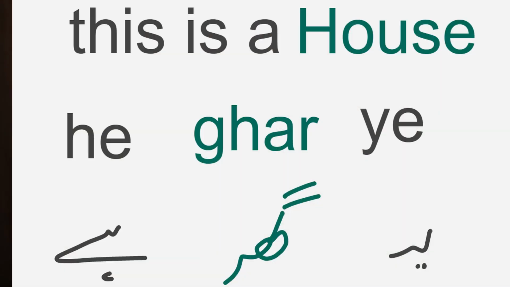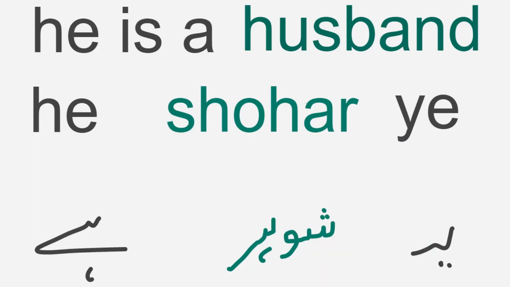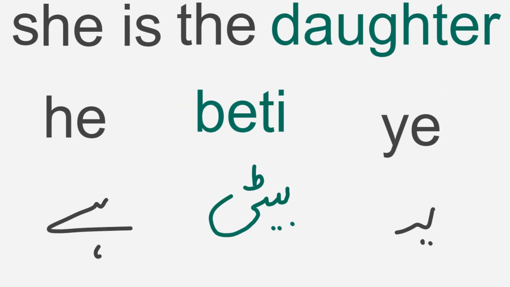So ये घर है. This is a house. ये घर है. ये शौहर है. If you're introducing a husband, ये शौहर है. Actually, you will add a lot of more complex parts, but let's say this sentence. ये बेटी है.